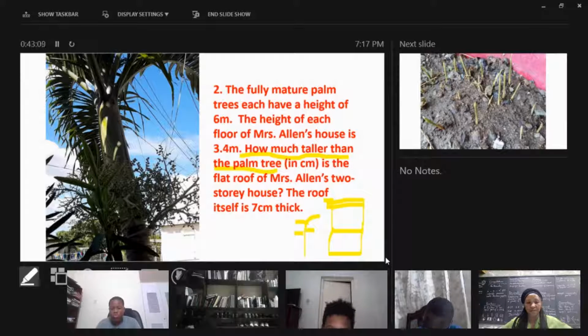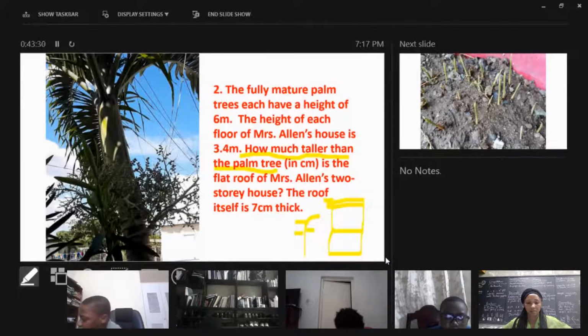You subtracted 6 meters from 3.4 meters? No, miss. 3.4 meters from 6 meters. Why did you do that? Since it asks, wait, please give me a second to work this out.